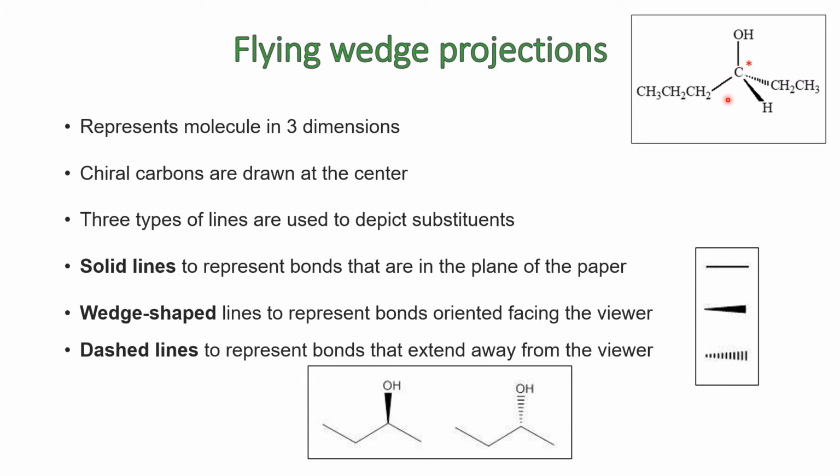So even if there are substituents with a longer carbon length, say 3 members, 4 members, or even greater than that, they will still be shown as a substituent and the chiral carbon atom will be shown at the center. Now because it's a tetrahedral carbon atom, all the bonds will be drawn as if they are 109 degrees apart. There is a bond angle of 109 degrees between them.